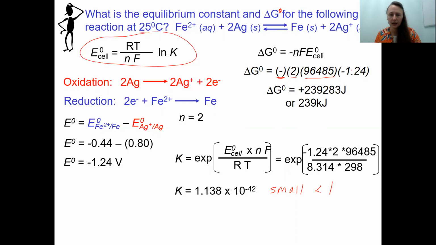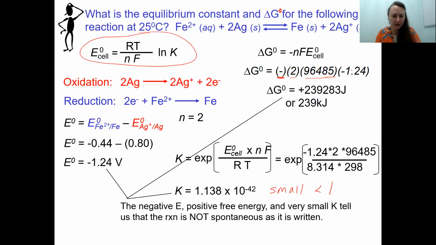So we get a positive 239,000 joules, or 239 kilojoules. Again, positive means non-spontaneous in terms of delta G. So all three of these values are consistent.